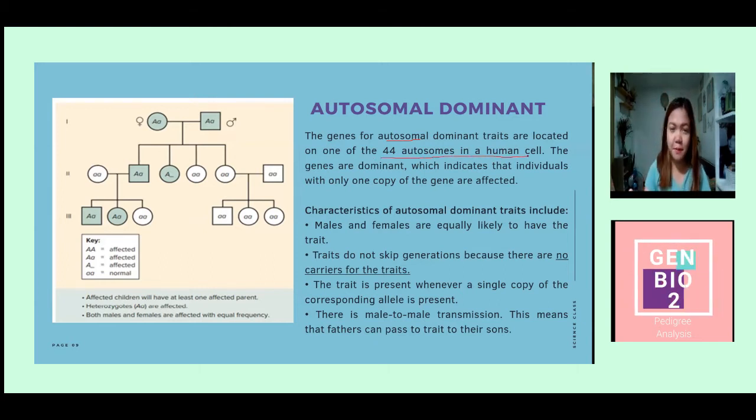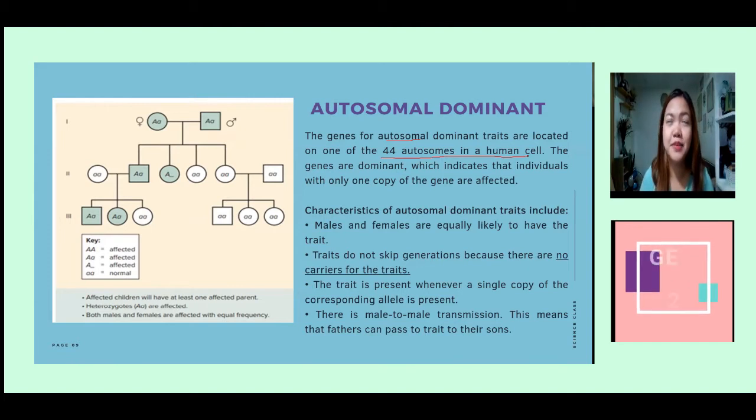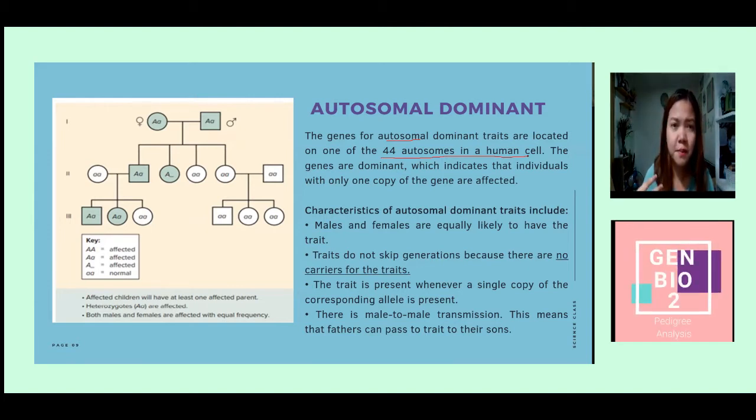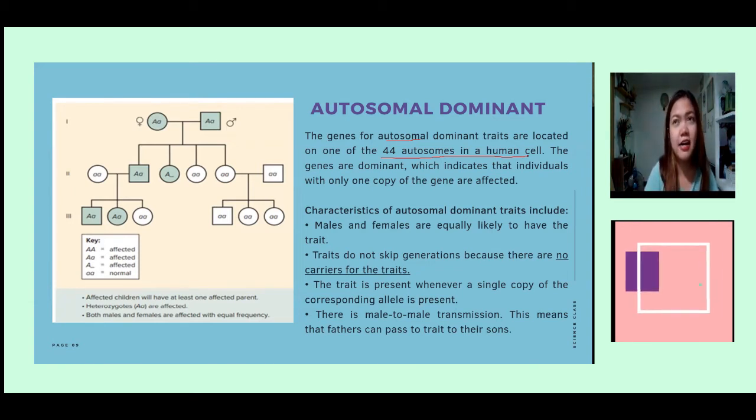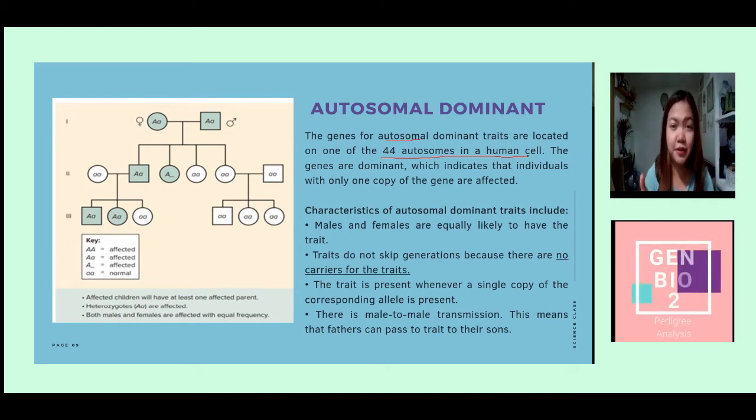As you can remember, meron tayong 23 pairs of chromosomes. The 23rd pair constitutes the sex or gender of the person, and the 22 pairs or 44 chromosomes are autosomes or body chromosomes.